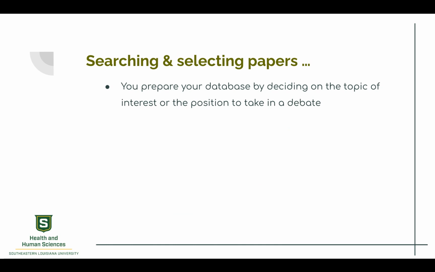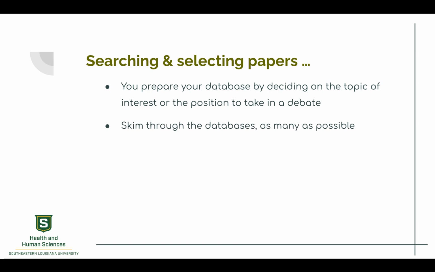Your research question and your topic go hand in hand, meaning that you can work from research question into topic. You can also work from topic into research question, but there are things that you have to come up with. Taking a position in the case of a debate also helps you carve out what your research question is. So all of this is very important to have.